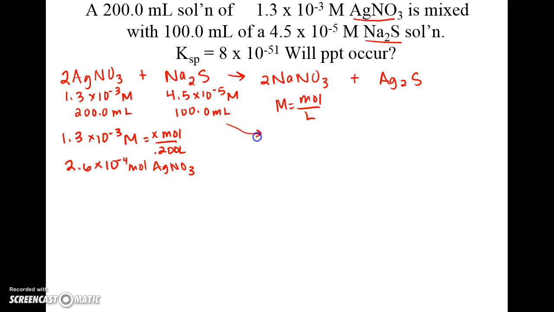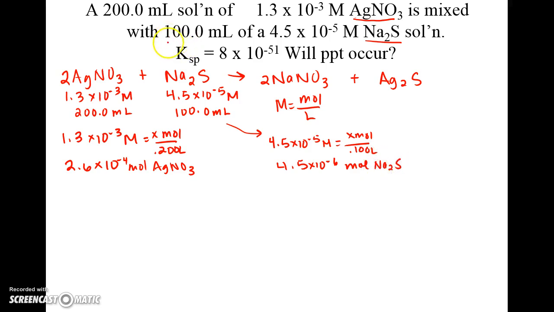Same thing for the other: 4.5 times 10 to the minus 5 molar is equal to X moles over 0.100 liters, and I get 4.5 times 10 to the minus 6 moles of Na2S.